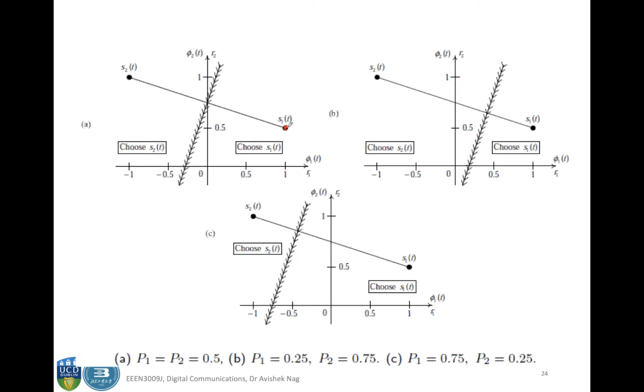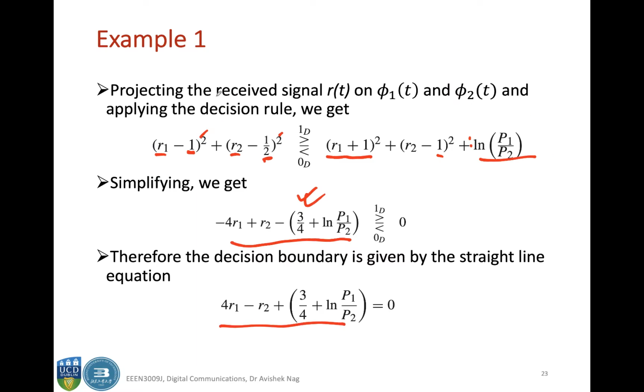Here is your S1, here is your S2, and this is your decision boundary, which is given by this particular equation. So after you simplify this minimum distance rule, you get this equation.